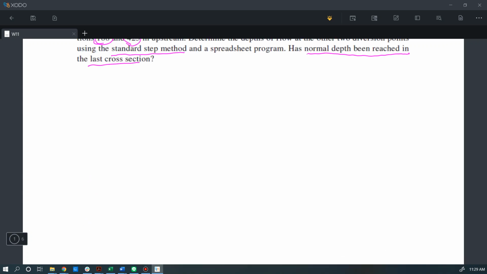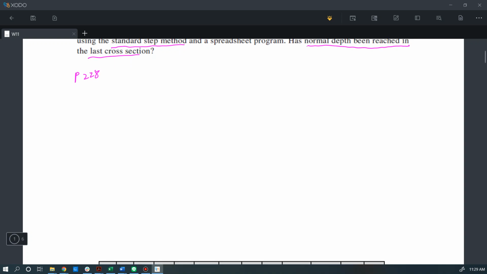So I think Professor Yang also showed the calculation for the normal depth in the classes, but here I just repeat it again to make sure you know how to solve this. You can find the rest of the calculation for the normal depth in the textbook on page 228.